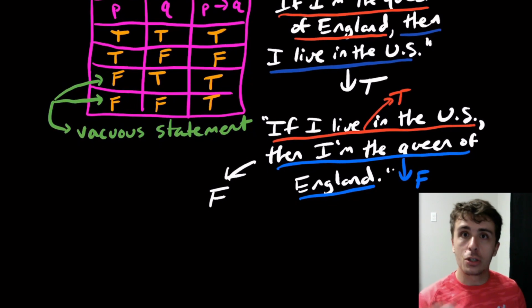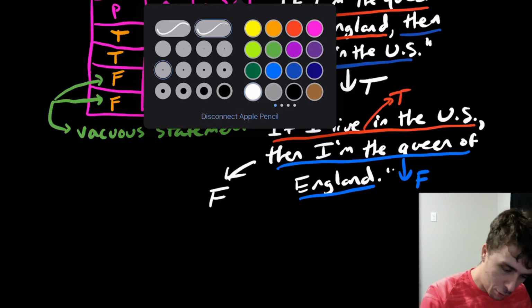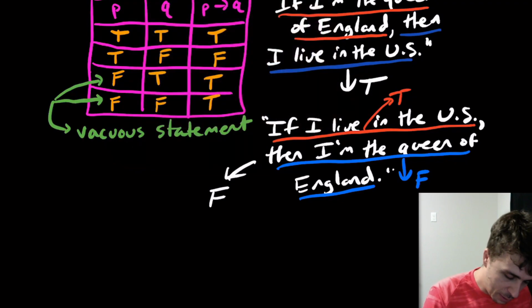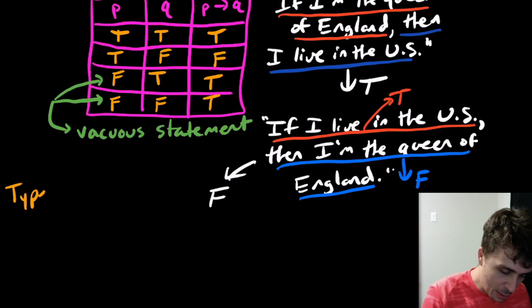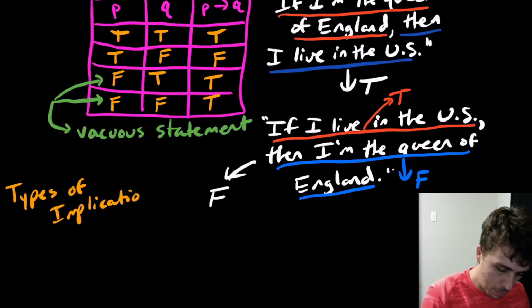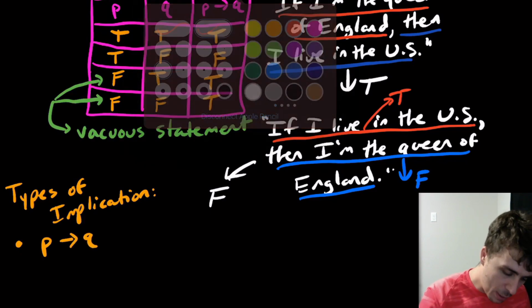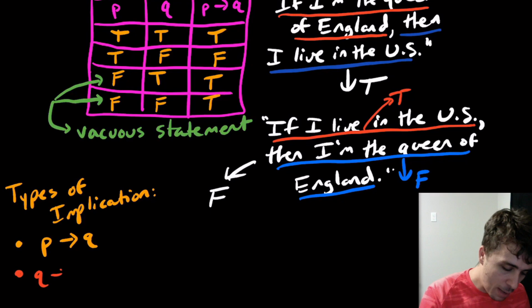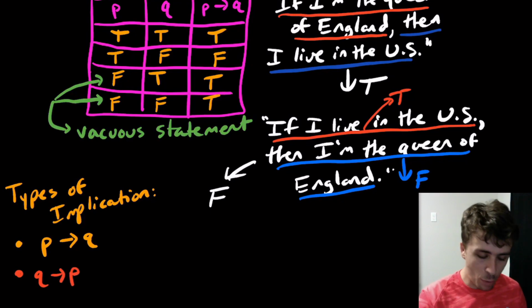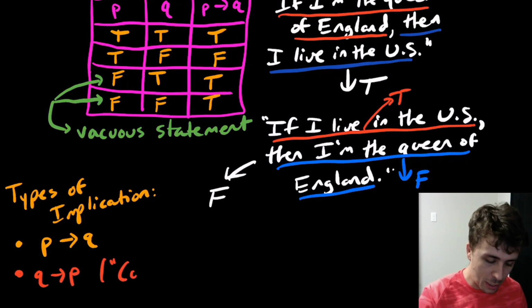That actually gets us to some new types of implication. So, the types of implication. The original, so to speak, is P implies Q. But we can also have Q implies P, the other way around, and this is called the converse.